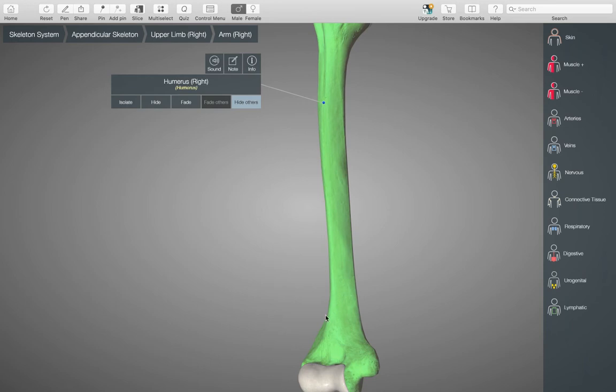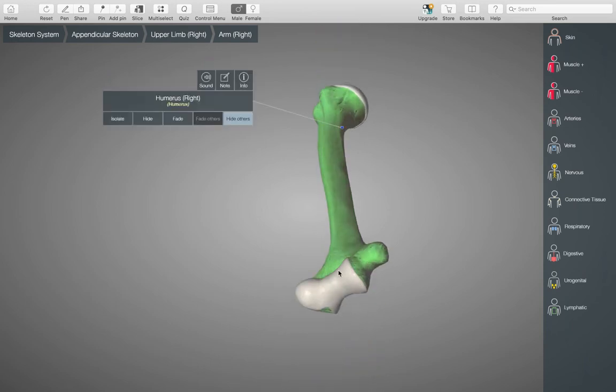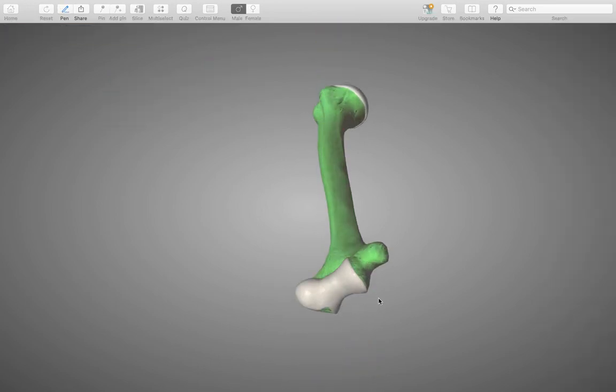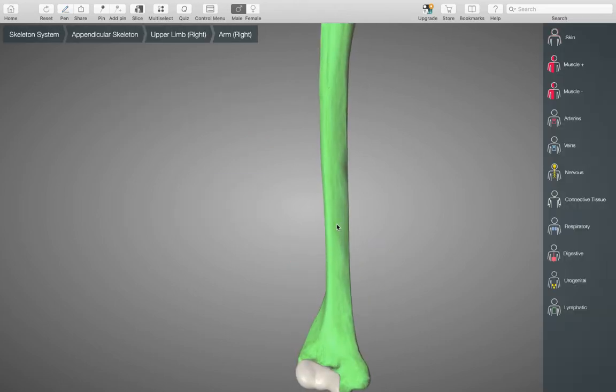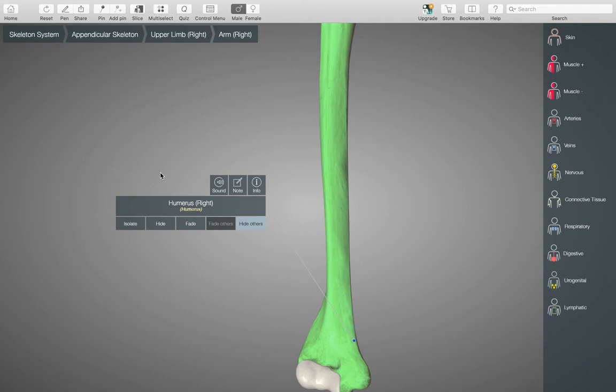And the ulna kind of sweeps forwards in this direction. Your arm only bends in this direction, right? Your arm doesn't bend backwards. So, let me get back to normal here.